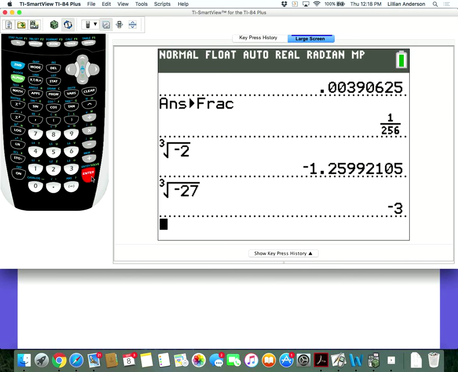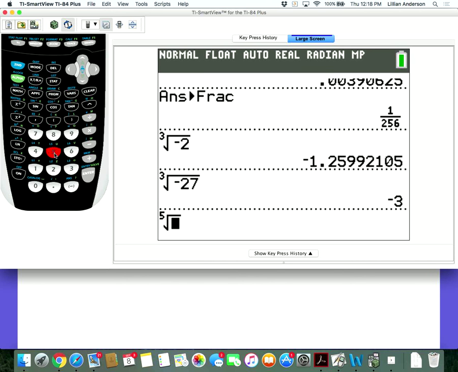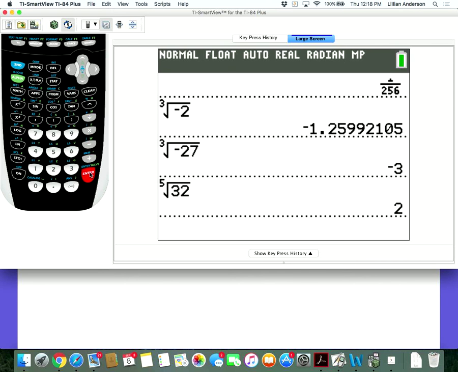If you had to take the 4th root or the 5th root, type the number in first, go to math, go down to option 5. That allows you to do 5th roots and 4th roots and 6th roots and 7th roots. Sometimes when you do the subtraction, it won't always be 3. It might be 2, but it might be bigger. And then you just type the number in, and you'll get it.